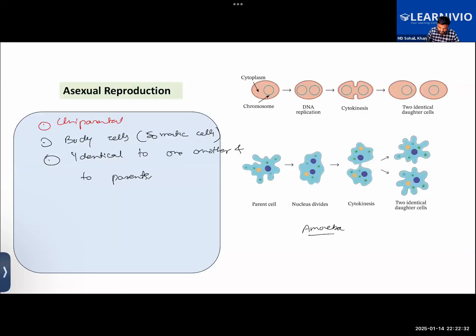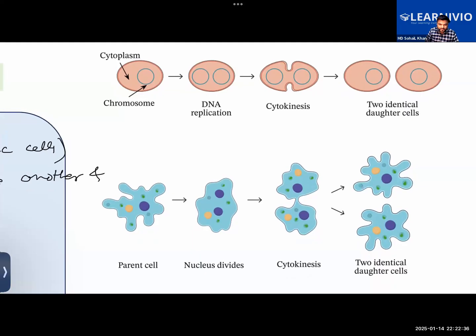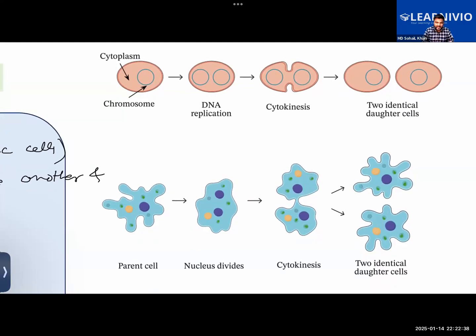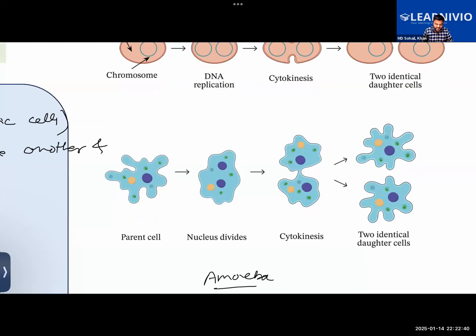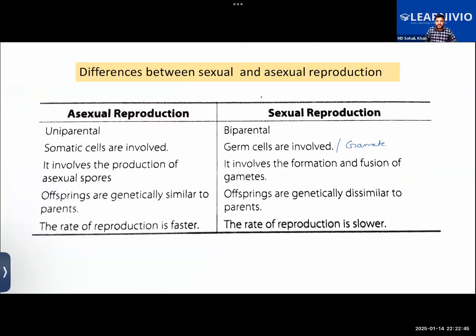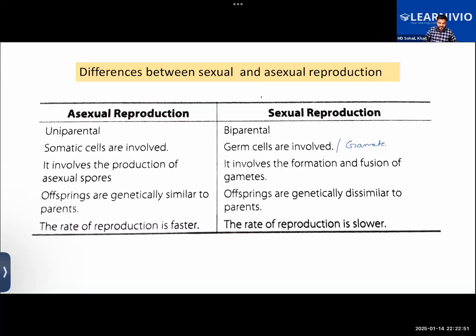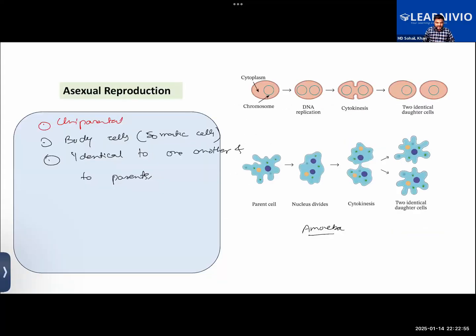Amoeba. In the amoeba, it will be identical, right? So identical organisms are born in this one, and in the case of the sheep, they will be genetically variant. They will show variation. So genetic variation is observed in sexual reproduction, where two parents are involved.